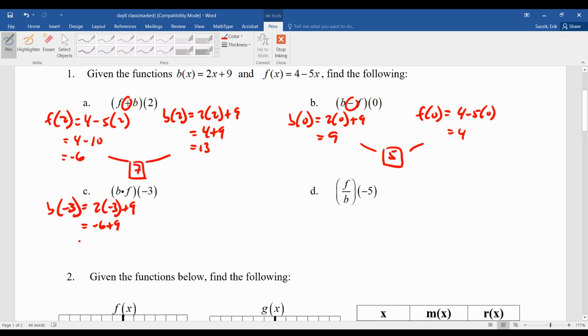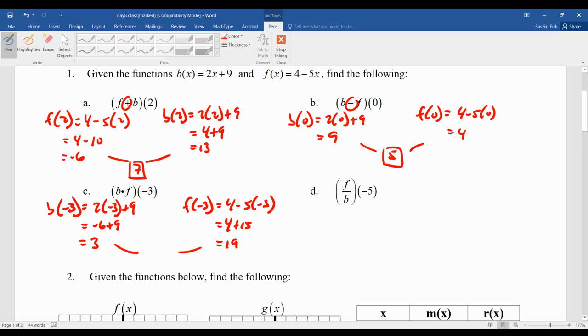So we got negative 6 plus 9, which is, whoops, we'll fix that. That's going to be, what, positive 3? F of negative 3. Got to be a little bit careful with this one. Because remember, it's negative 5 times negative 3, which is positive 15. So it's actually 4 plus 15, which is 19.